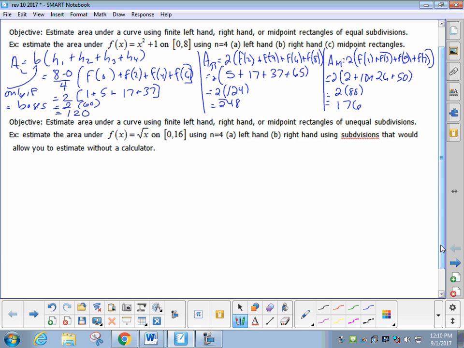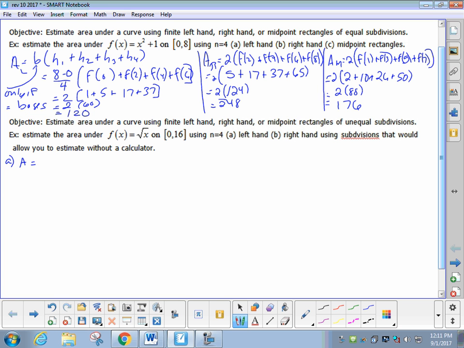Next, besides equal subdivisions, you sometimes want to use unequal subdivisions. For example, if you're working without a calculator and you don't know the square root of 2 and 6 and so on, you might break it into unequal subdivisions. Say we had the square root function on 0 to 16 and 4 left-hand rectangles. Can I factor out a base? Nope. I'm going to break this curve up into different lengths.